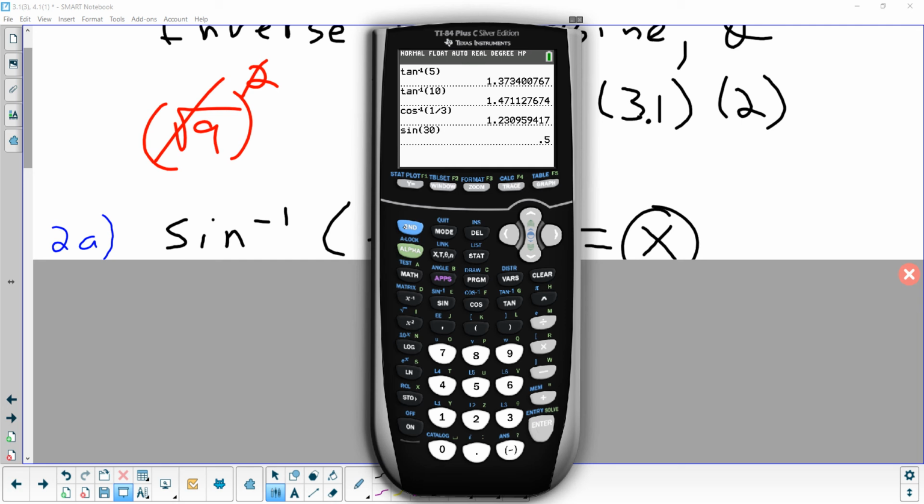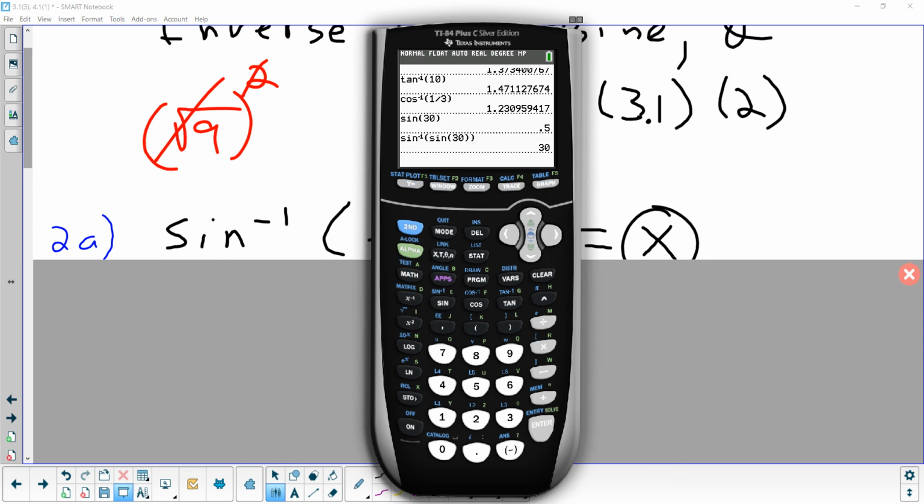Now, let's do the inverse sine of the sine of 30 degrees. It's going to take the sine of 30 degrees, get 0.5, but then it's going to take the inverse sine of 0.5, and you end up getting back the same answer that you started with, because inverse sine cancels out regular sine, just like squaring and square rooting.